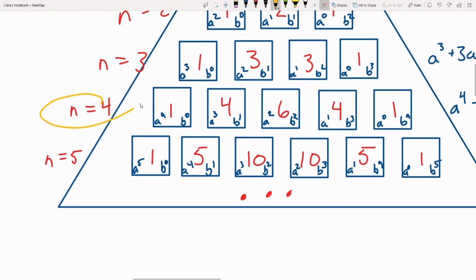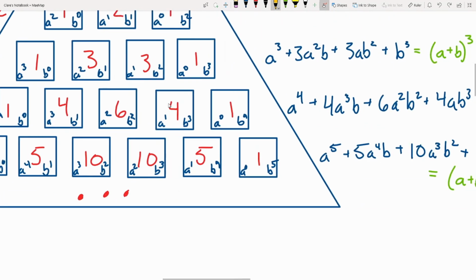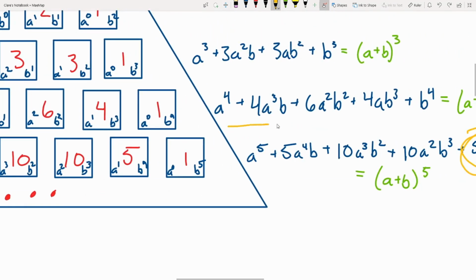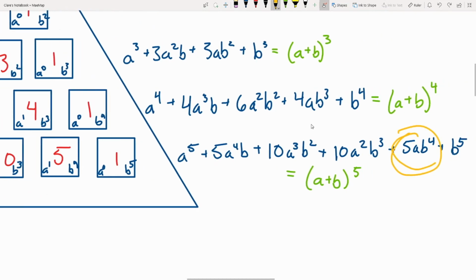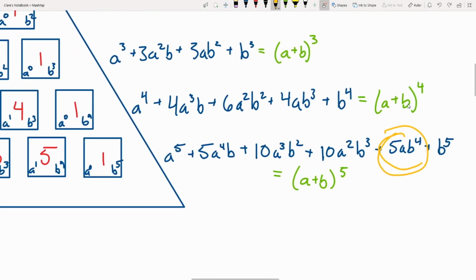So if I'm summing everything in my row where n equals 4, that's going to be a to the 4th plus 4a cubed b plus 6a squared b squared plus 4ab cubed plus b to the 4th. So let's go ahead and transfer that over, because that's equal to a plus b all raised to the 4th expanded out.